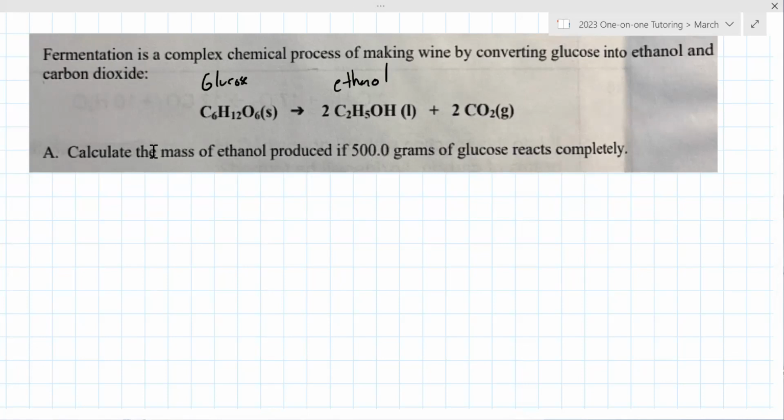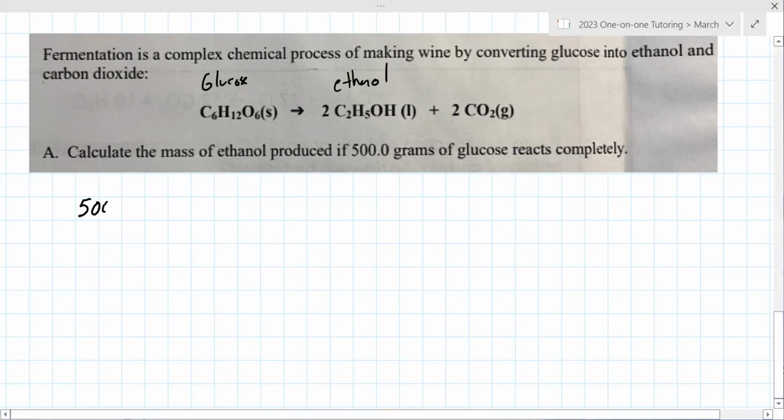So you're starting with 500 grams of C6H12O6. Whatever you have in the top left goes into the bottom, the units. So grams of C6H12O6.